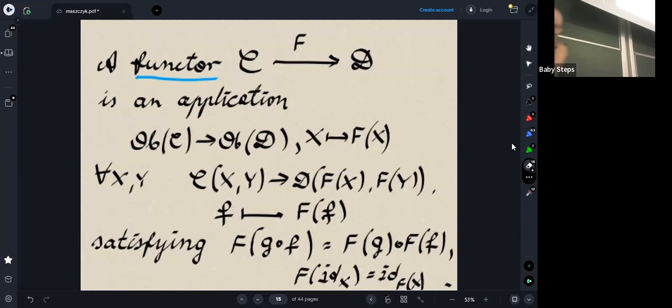A functor is an application which sends objects to objects, and for every pair of objects x and y in the domain of this functor, sends a morphism between x and y into a morphism in the category D between their images under this functor F. And then, of course, there must be some restrictions for the rules of this association. First of all, this must be compatible with composition. And second, it must be compatible with units.